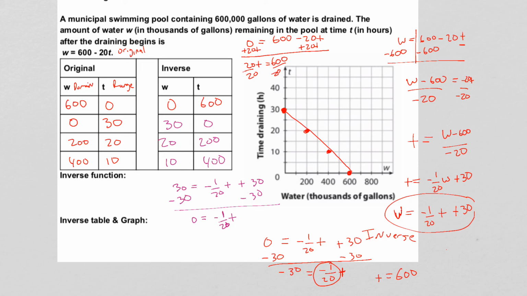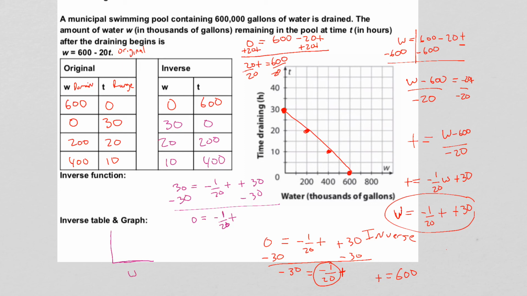The graph of the inverse would actually flip around like this. Here would be water. Actually, that wouldn't be the case. It would still be here and here, just the numbers would be a lot different.